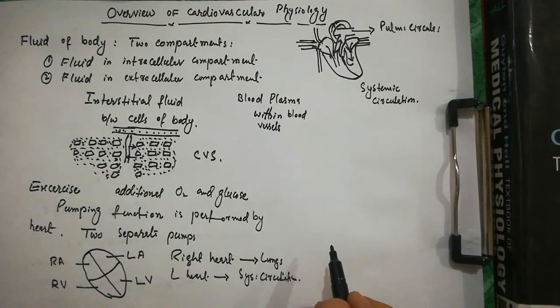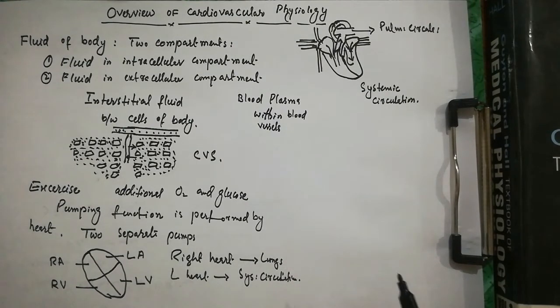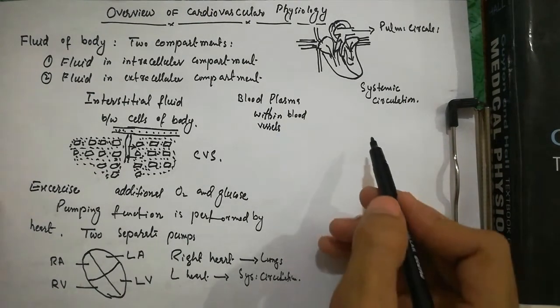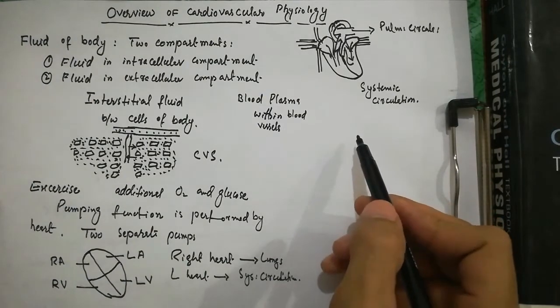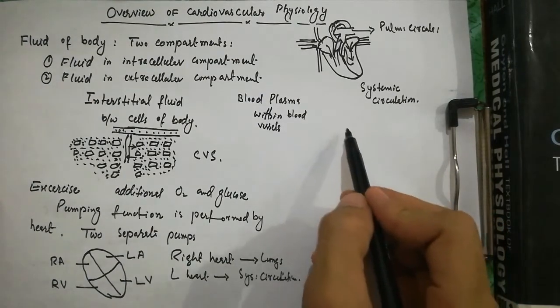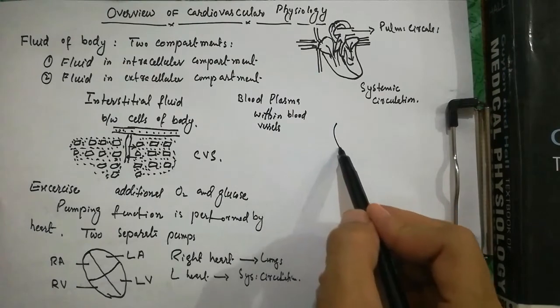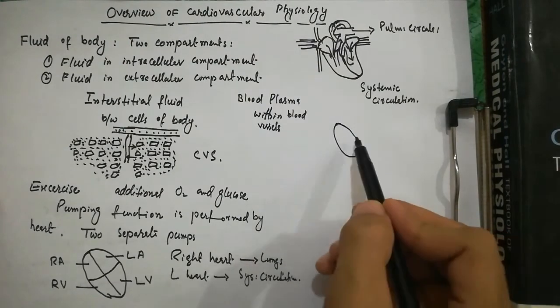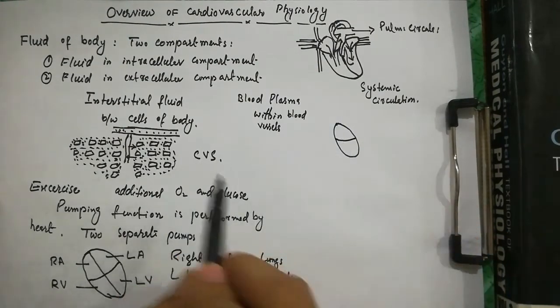And these two circulations, pulmonary circulation and systemic circulation, are connected with each other in series. See, suppose this is the left heart.